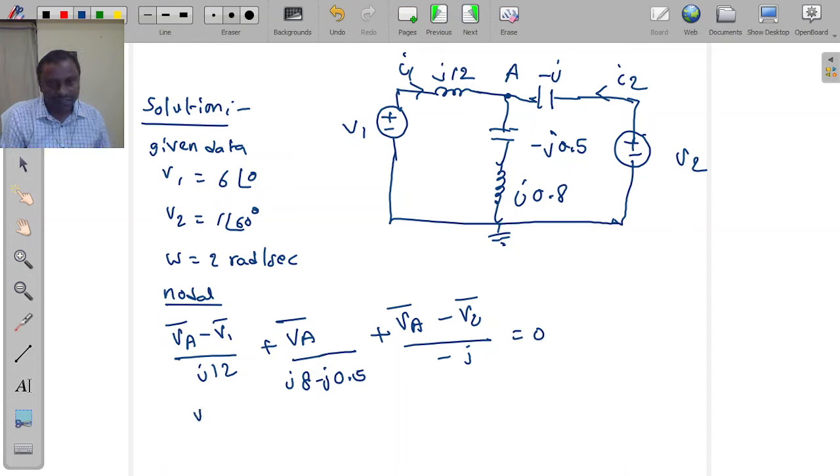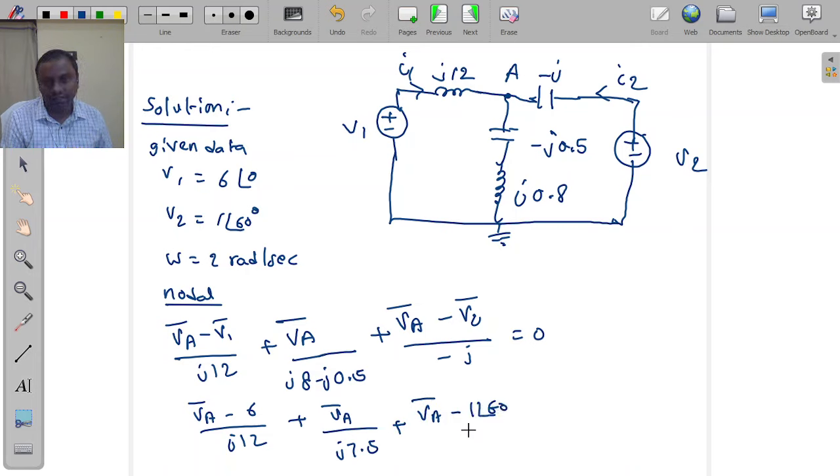When you rearrange, VA minus 6 by J12 plus VA divided by J7.5 plus VA minus 1 angle 60 divided by minus J equal to 0.